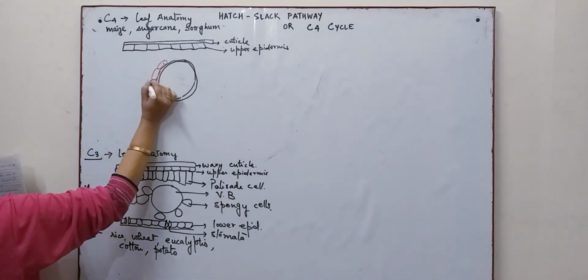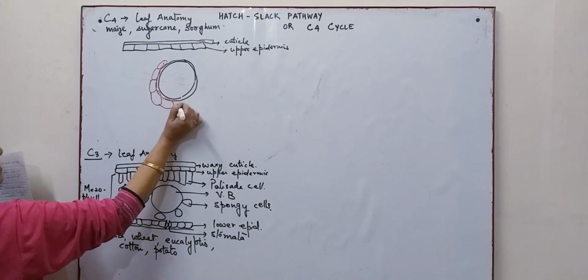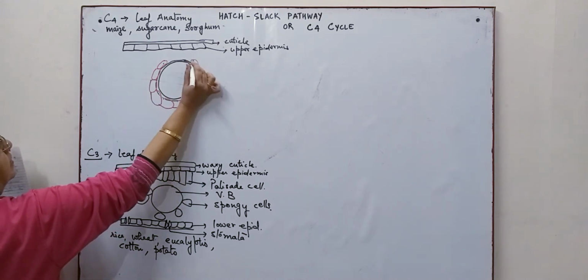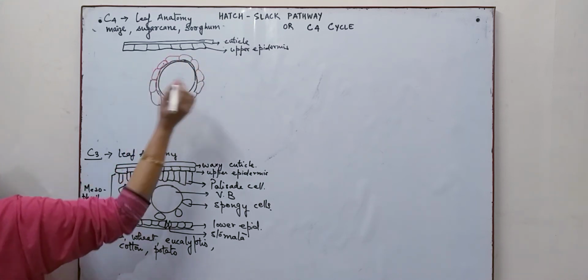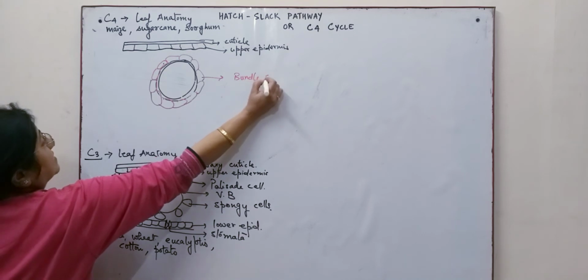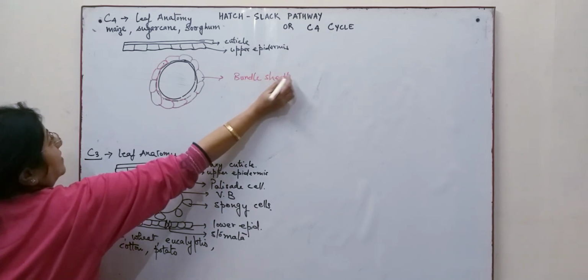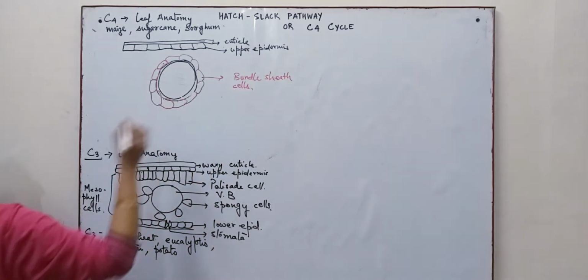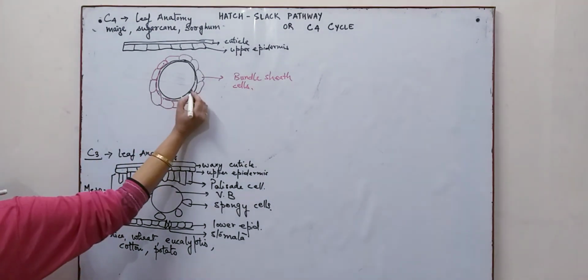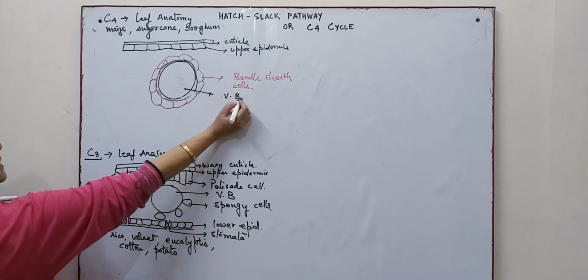These are large cells, and these cells surround the vascular bundle. These are bundle sheath cells, and this is the vascular bundle.